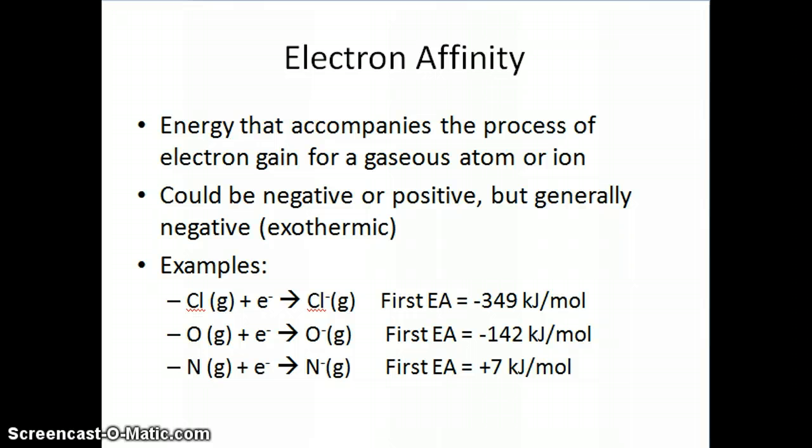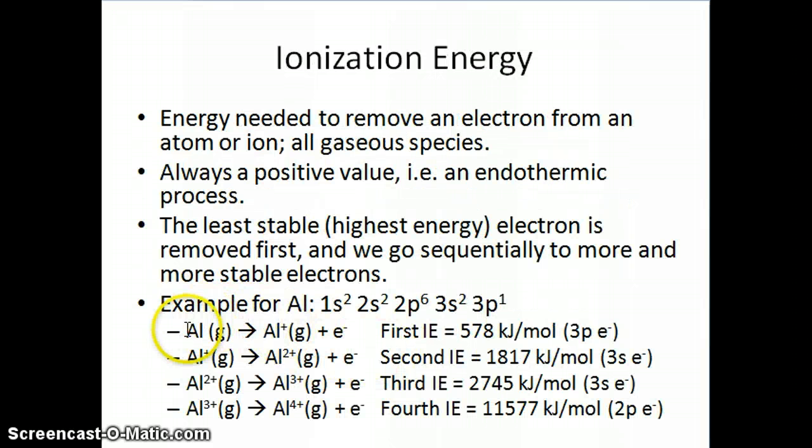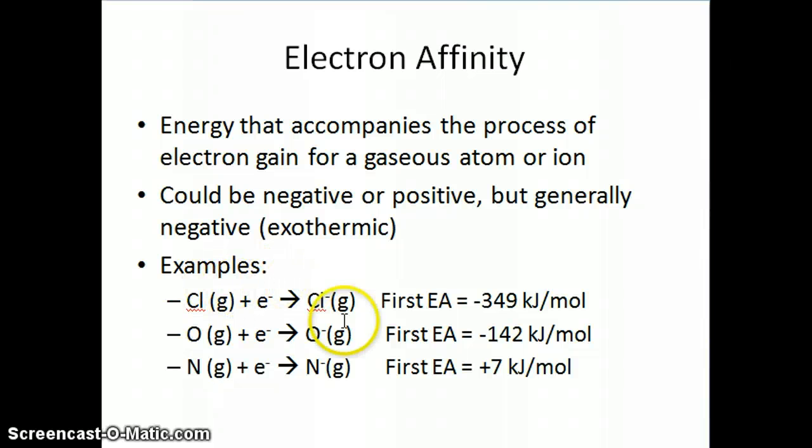Notice this is the exact opposite of what we did for ionization energy, because in ionization energy you're losing an electron, so you're forming a cation. In electron affinity you're forming an anion, and the first electron affinity corresponds to the energy you gain from adding that first electron.